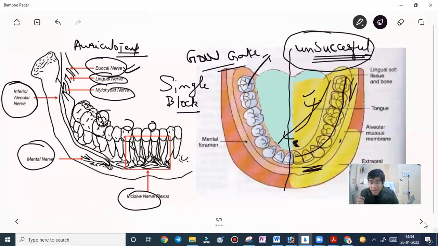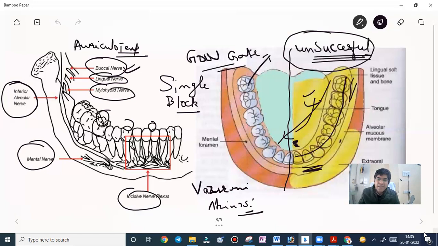Some people are unable to open their mouth wide. We don't give Gow Gates there. In patients who are unable to open their mouth, what we should give is the Vazirani-Akinosi technique. So remember for your exam, the Vazirani-Akinosi technique is given to those who are unable to open their mouth.